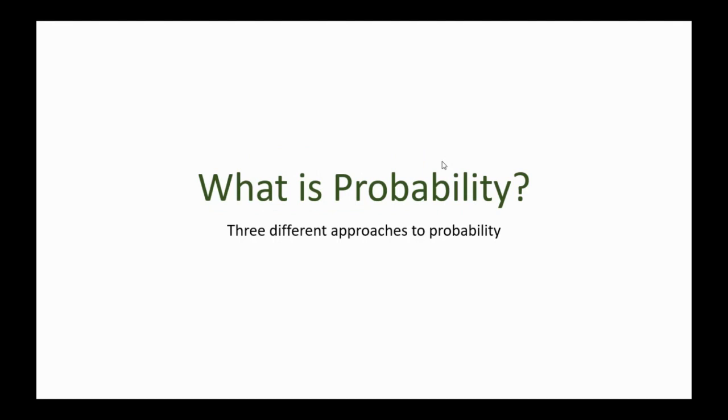There's subjective, where you use your experience and stuff. And then there's relative frequency, also called empirical, where you use past data. You use hard data to look. So we're going to look at those 3 ways.